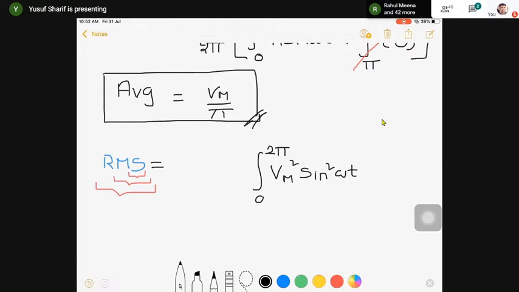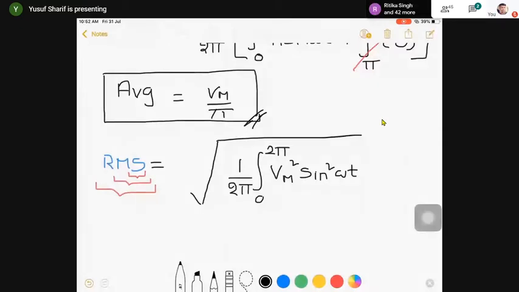If I am asked to calculate the sum, I have added the instantaneous value of the signal at every instant, and this is the result I'll get. But what I want is the mean, so it has to be divided by the total time, that is 1 by 2 pi. So this is the mean square value. On top of this I simply need to apply my square root, so this is nothing but your root mean square.